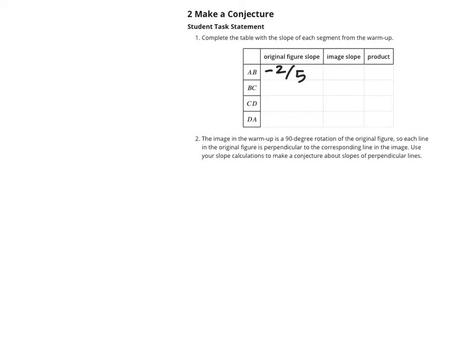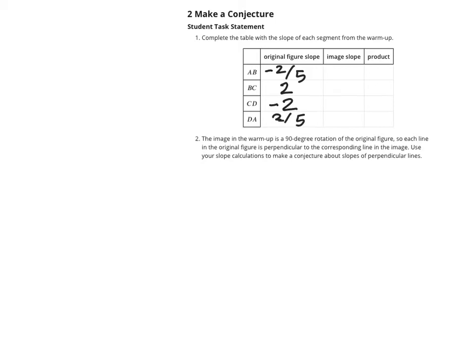If I look at BC, I'm going up 2 over 1. CD, up to left 1. And AD, rise of 2, run of 5, positive.